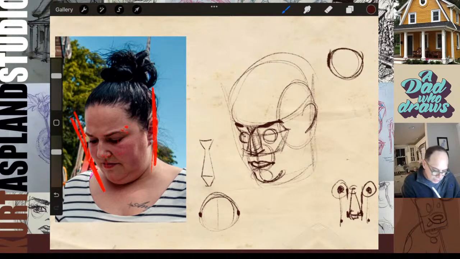And since we're looking down at her, it's going to come around. Her eyelashes are kind of coming out here. And then this upper part of her eyelid is coming like that. So let's do that here. This is going to come around. And then we got the other one.